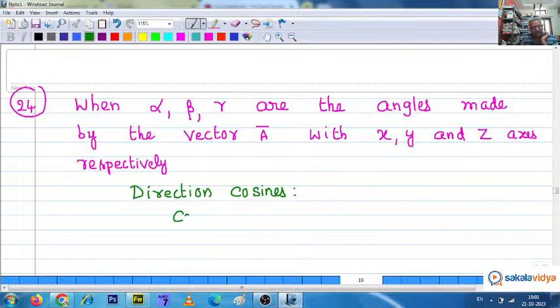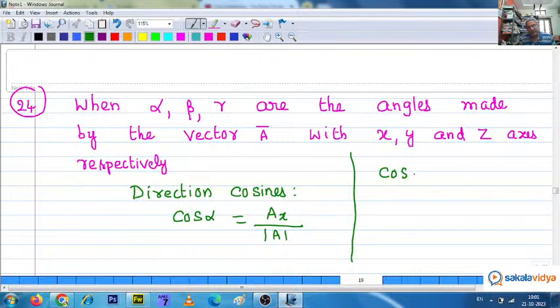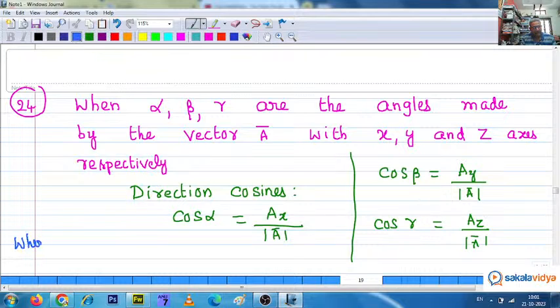So direction cosines: cos alpha is given by Ax upon mod A. Cos beta is Ay, the y component, by the modulus of vector A. So cos gamma is equal to Az upon mod A. Here you remember where A bar is equal to Ax i plus Ay j plus Az k.